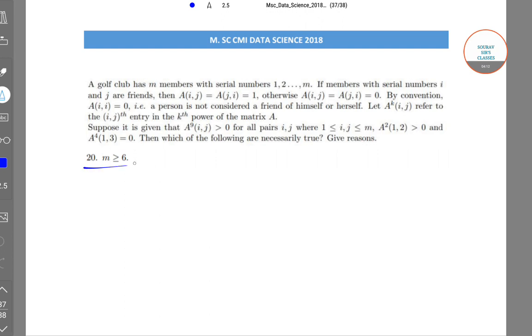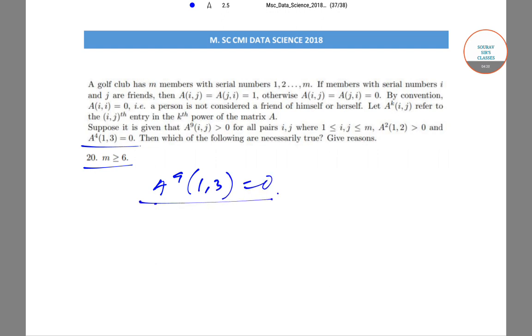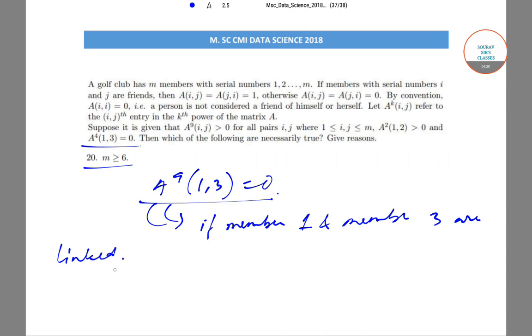Now we have to find out whether m is greater than or equal to 6. It has been given that a to the power 4 of 1, 3 is equal to 0. This basically implies that if we establish any connection between members 1 and 3, let us say member 1 and member 3 are linked, then the length of that link will be equal to 5.